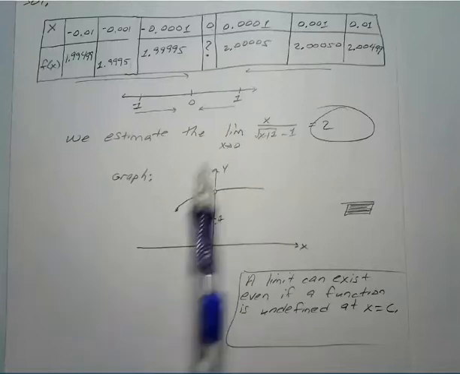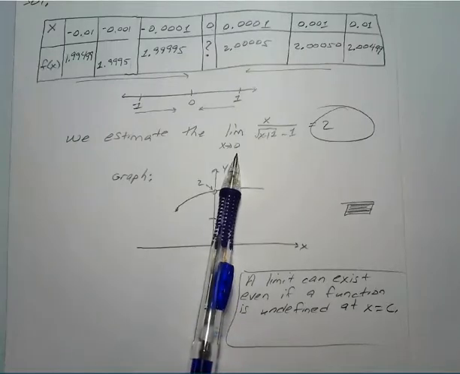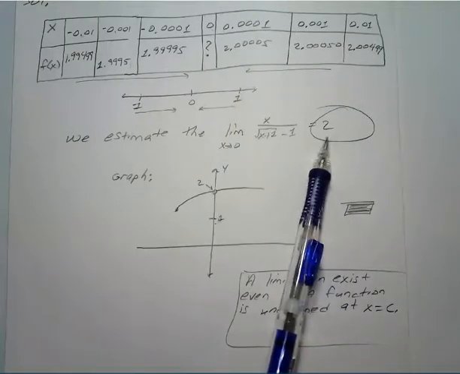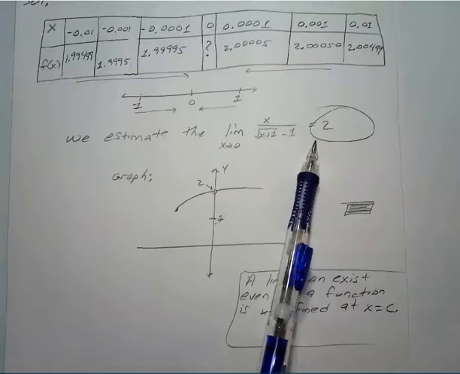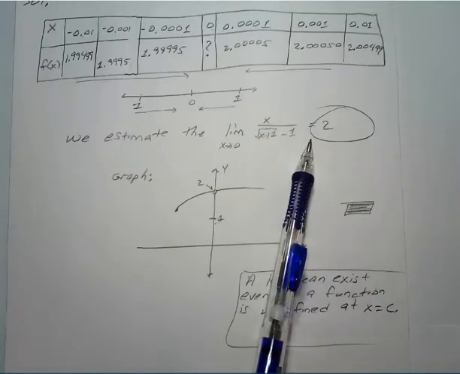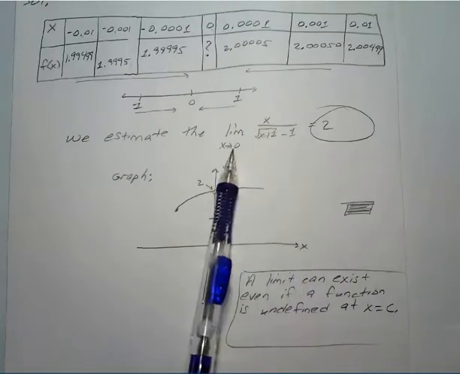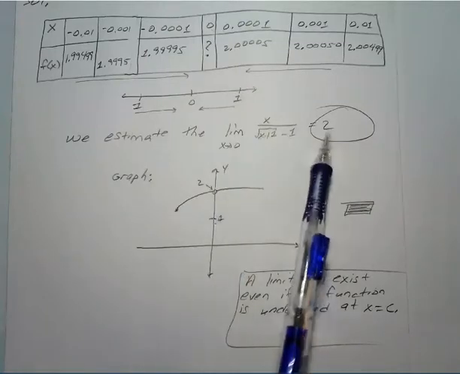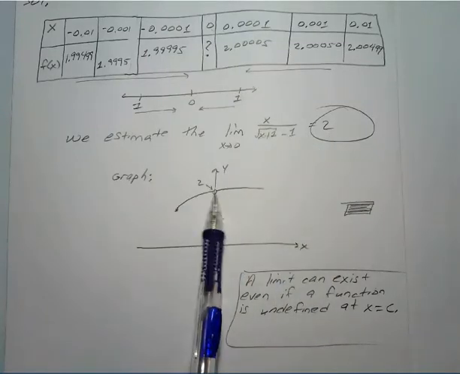Okay, so even though this is undefined at x equals 0, we still have a limit that exists. Okay, it won't always exist, and we'll get to that in later videos. But even though it's undefined at 0, the limit still exists at 0.